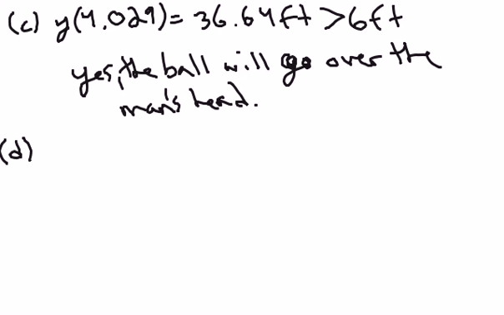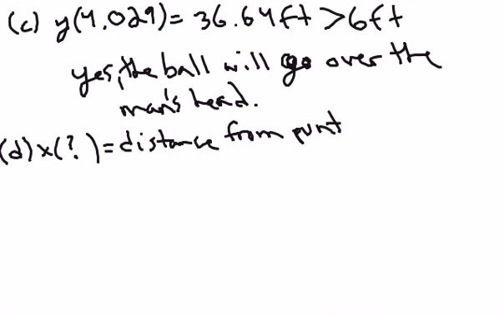So I need to know x of what t value. So I'm going to find this guy to get the distance from the punter when the ball hits the ground.